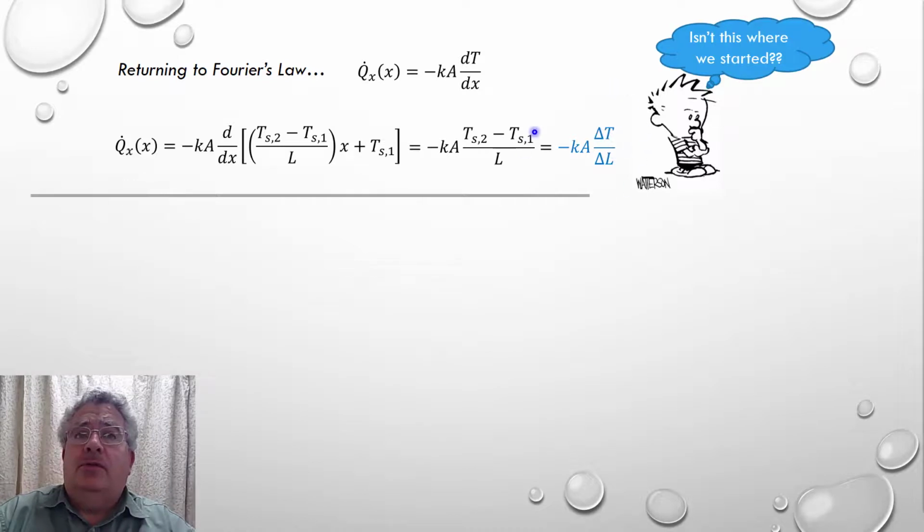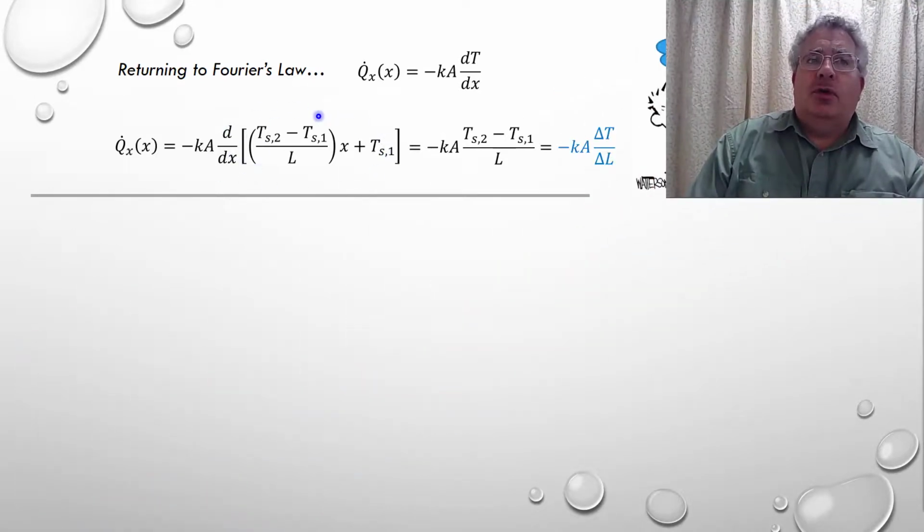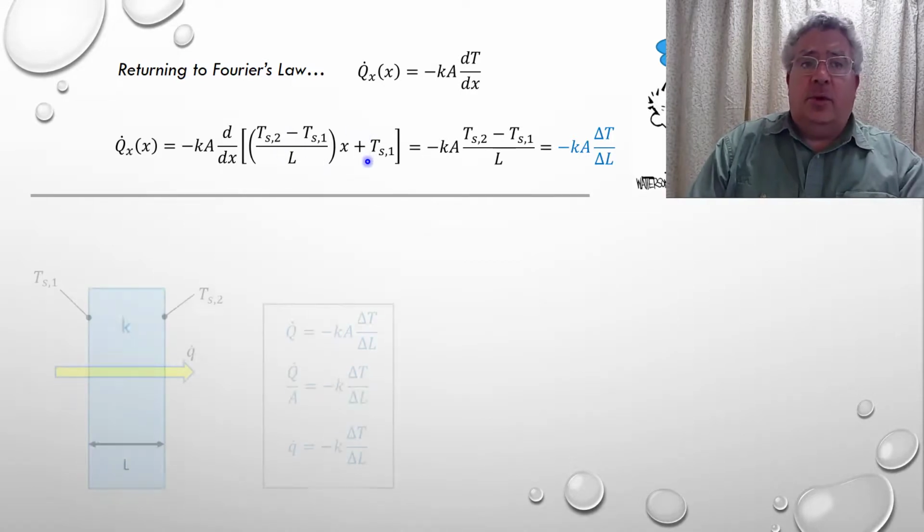We did a lot of work to get back to our original hypothesis, which was Fourier's initial empirical observation that the heat rate through a solid object is proportional to delta T over delta L. The only thing we've done in developing our heat equation is to show exactly how the temperature varies within the block, and indeed it is linear.